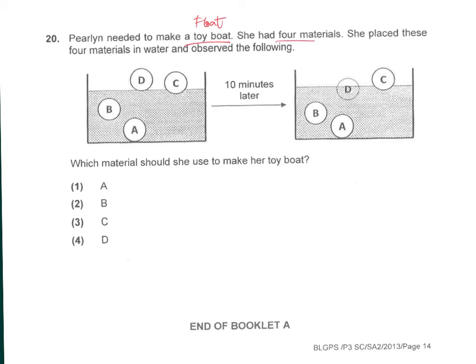And she had 4 materials, A, B, C, and D. She placed these 4 materials in water and observes the following. After 10 minutes, she saw some changes, right? You realize that material D, instead of staying afloat, became partially submerged.